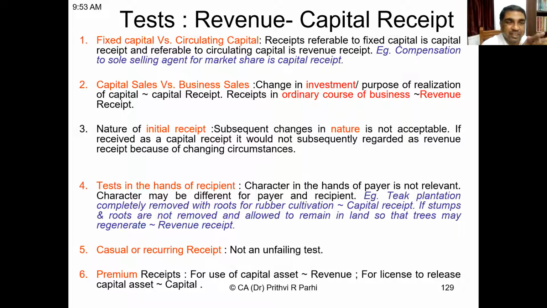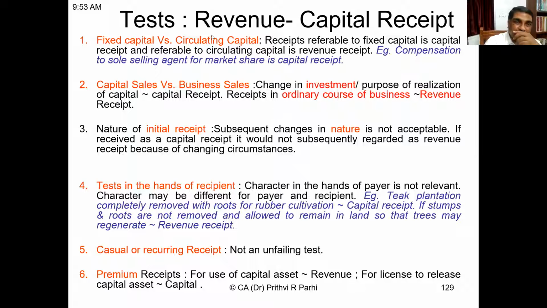Now, friends, the next concept is that the nature of the initial receipt is important for us. Subsequent changes in the nature are not acceptable. If received as a capital receipt, it should not subsequently be regarded as a revenue receipt because of changing circumstances. This principle we have to keep in mind, that in which form it is received initially.